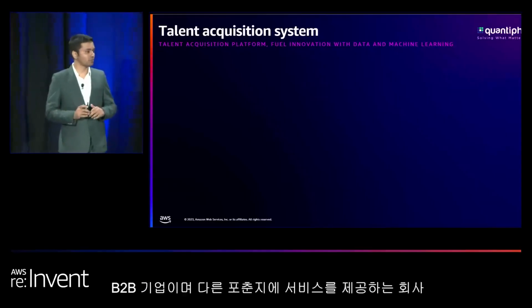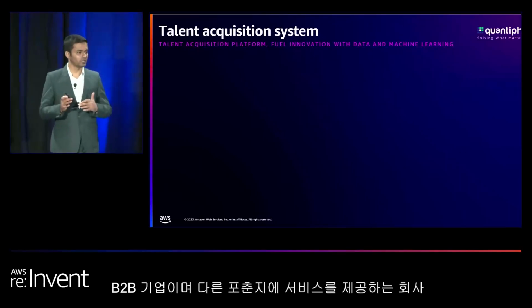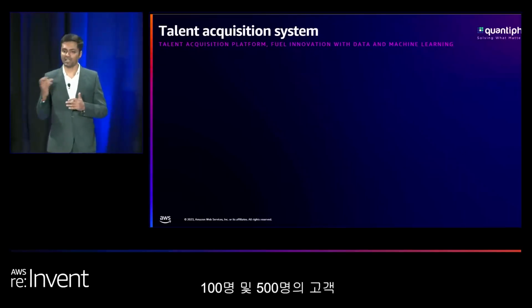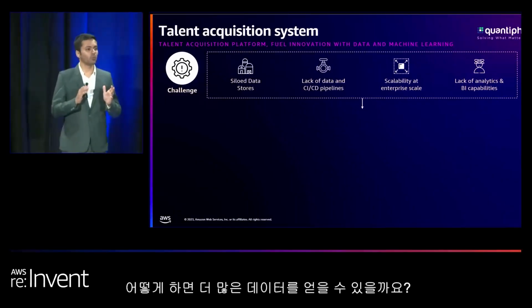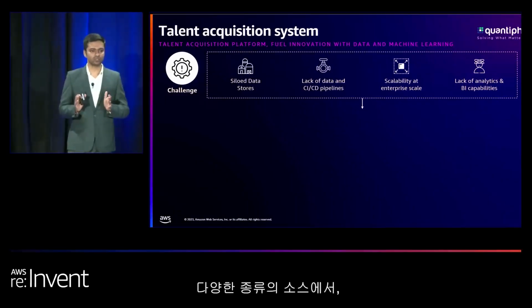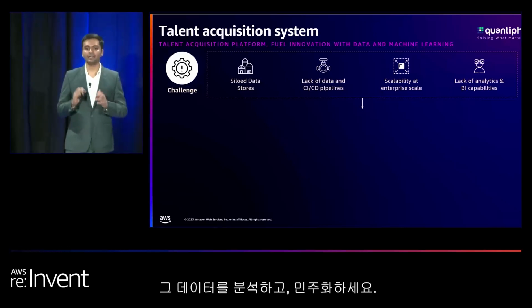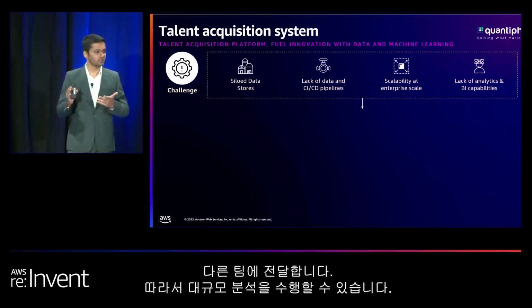So the first implementation is from a talent acquisition company, which is a B2B company and serves different Fortune 100 and 500 customers. Their major objective is how they can get more data from different varieties of sources, analyze that data, and democratize it to the different teams so they can do analytics at scale.